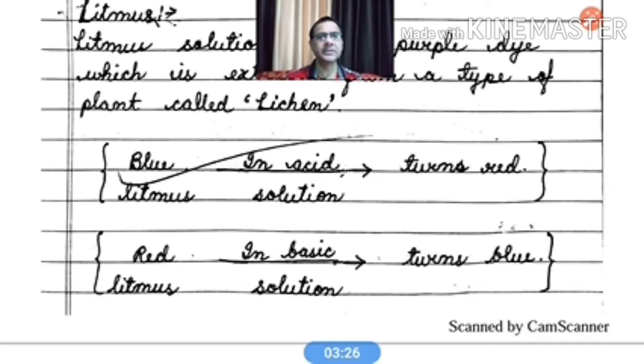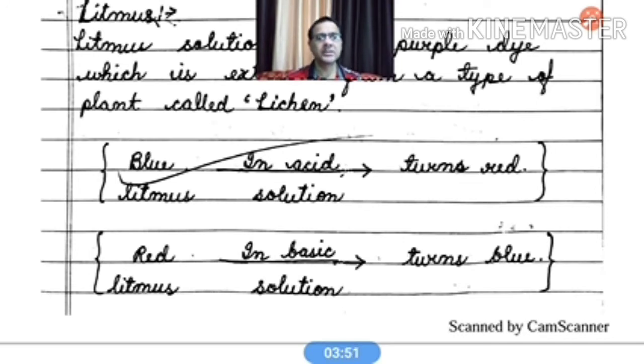It means in the acidic solution when we put the blue litmus paper or blue litmus solution, it turns red. Now what about the basic solution? In the basic solution we add red litmus either in the form of paper or in the form of solution. Then the red litmus in the basic solution turns blue.